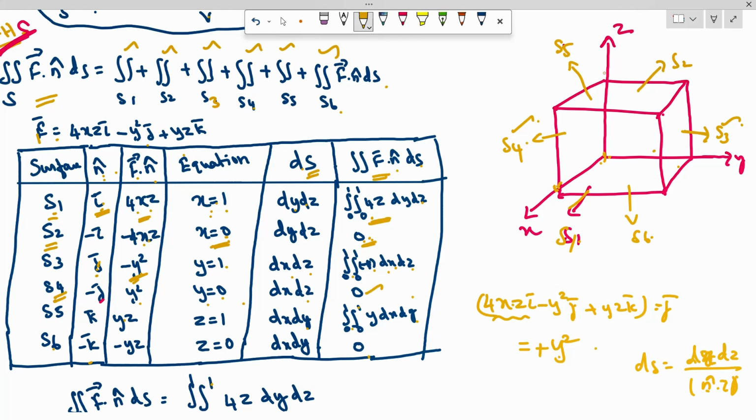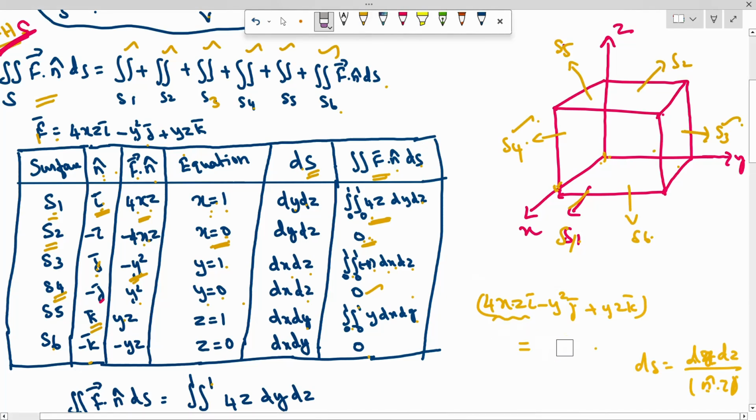Okay, and then surface 5, this one on top lies on the z-axis. Here n cap is k vector. Okay, f dot n cap, here k vector means substitute here k vector. Dot k vector means first and second term values are 0 because i dot k, j dot k are 0, we'll get only the third term.